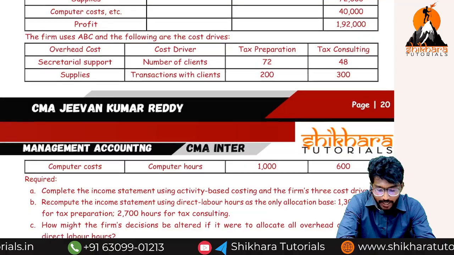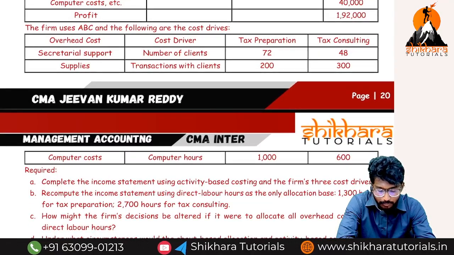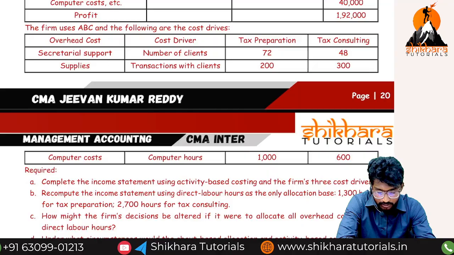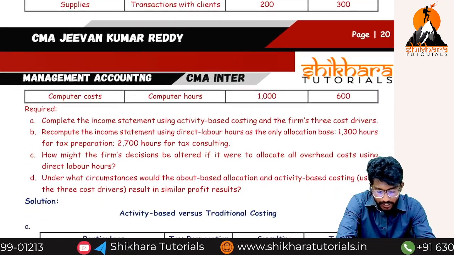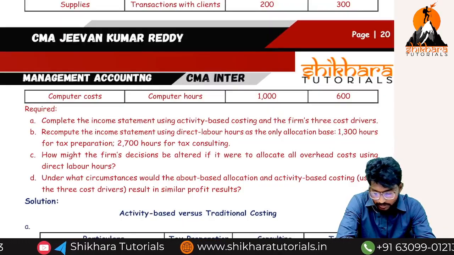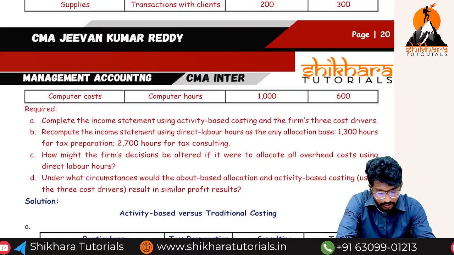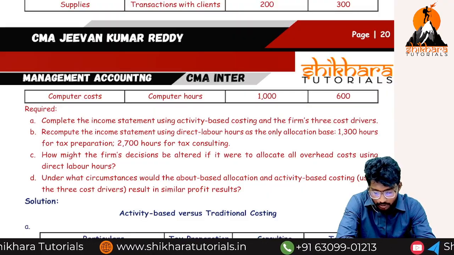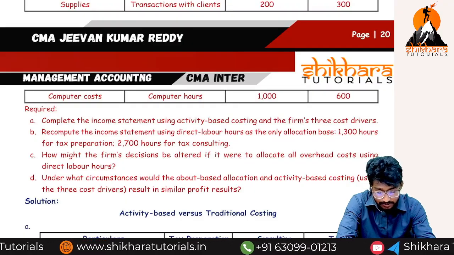The firm uses ABC and following are the cost drivers. Secretarial support, number of clients; supplies, transactions with the clients; computer cost, computer hours. Complete the income statement using activity based costing and the firm's three cost drivers. Recompute the income statement using the direct labor hours as the only allocation base, 1,300 hours on tax preparation and 2,700 hours for tax consulting.